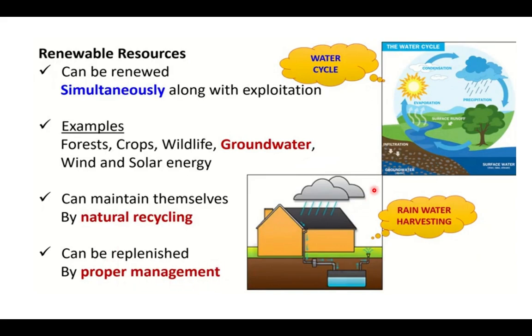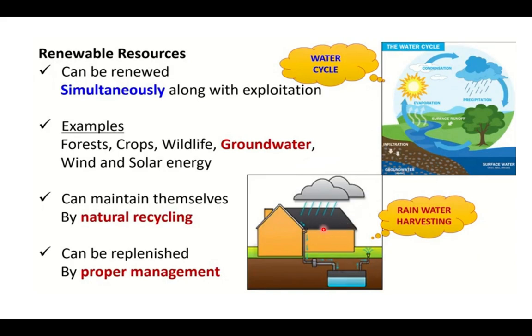For example, you see the water cycle. Surface water is evaporated and that condenses and falls down as rainfall. This is how the water is renewed. Water is taken up and again it is coming down as rainfall.